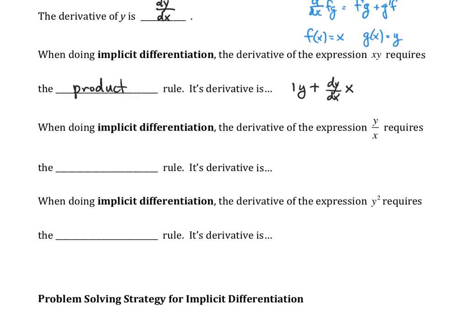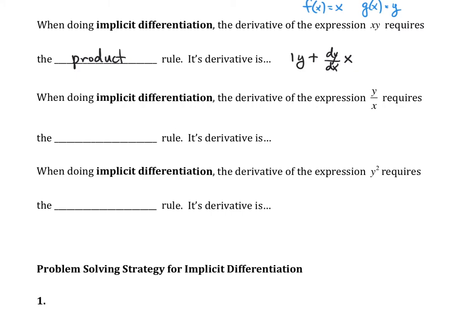Similarly, when I'm doing implicit differentiation and I want to calculate the derivative of the expression y over x, this is going to require the quotient rule. Now recall that the quotient rule says the derivative of a quotient of two functions is equal to the derivative of the top times the bottom function minus the derivative of the bottom function times the top function, all divided by the bottom squared, right?